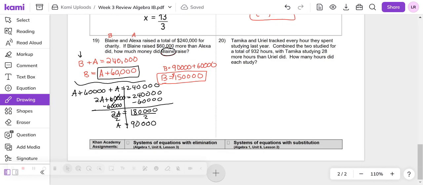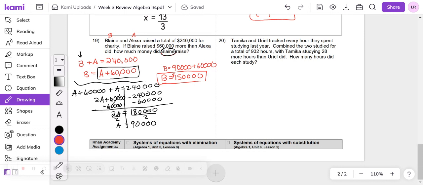Number 20. Tamika and Uriel tracked every hour they spent studying last year. Combined, the two studied for a total of 932 hours. With Tamika studying 28 more hours than Uriel did. How many hours did each study? So in this one, I need to figure out both answers.